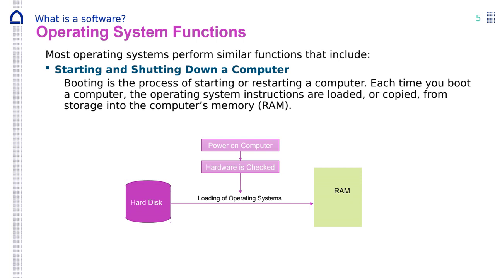Each time you start or boot your computer, the operating system instructions are loaded from the storage into the RAM so that they start to be executed. So here you power on your computer, your hardware is checked, then the operating system is loaded from the hard disk to the RAM.